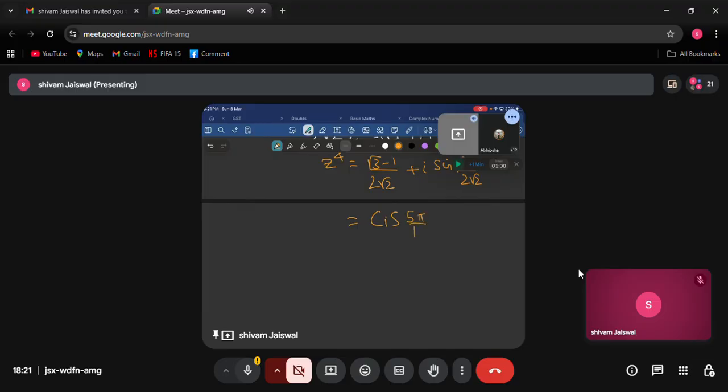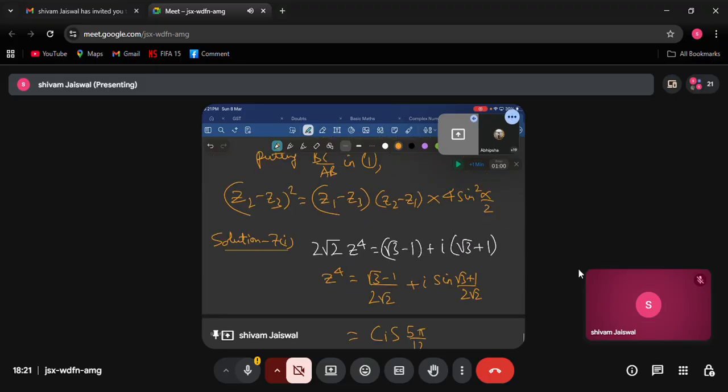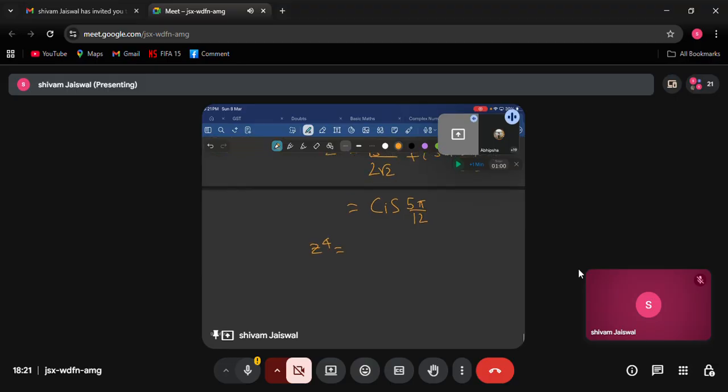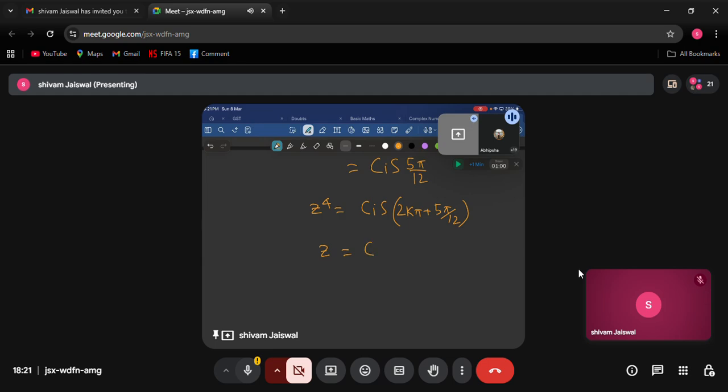Are you getting? Tell me. So this is the first step, cis 5 pi by 12. Next, after that you can write z to the power 4 is equal to cis 2k pi plus 5 pi by 12. Okay. Then you raise the power by 1 by 4. So z will be equal to cis 2k pi plus 5 pi by 12 whole to the power 1 by 4.